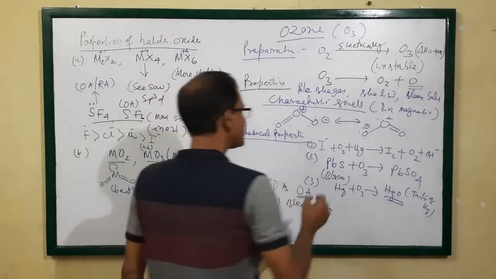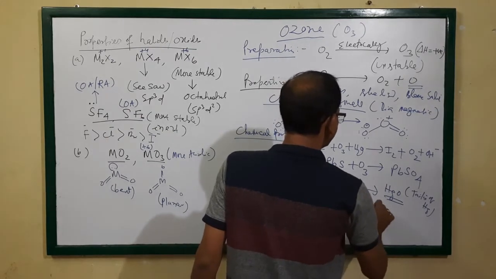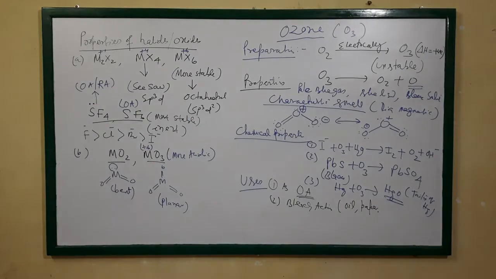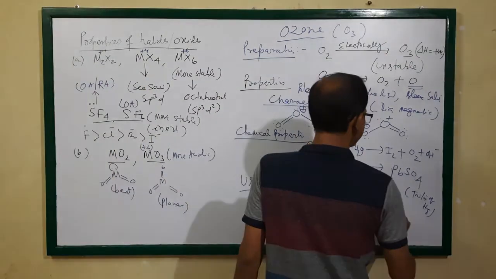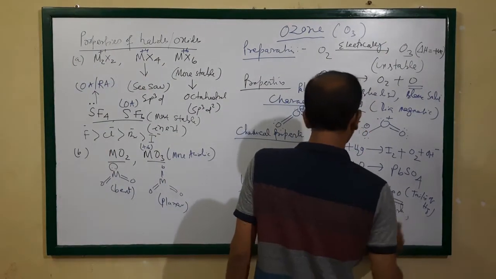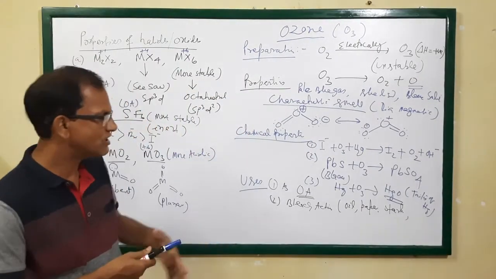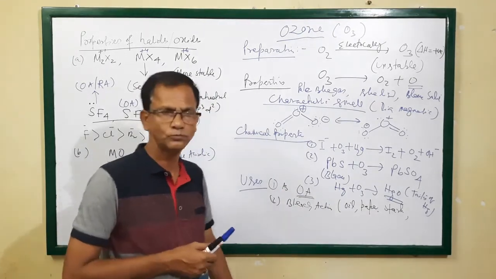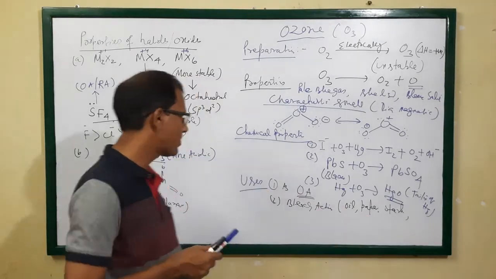It bleaches oil, pepper, starch, different substances can be bleached. So bleaching action is one important use, when required to decolorize a substance.